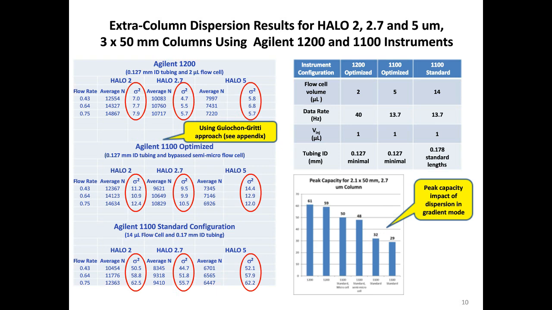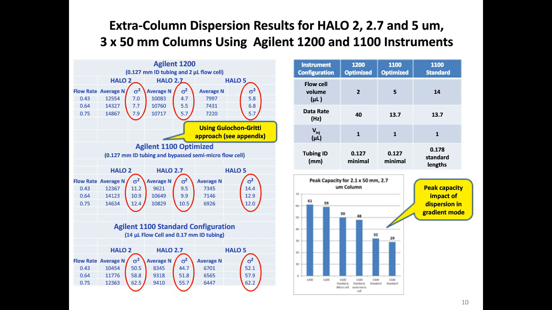0.178 millimeter ID tubing in normal lengths and a 14 microliter flow cell, with the very slow data rate of 13.7 hertz that an Agilent 1100 has, shows that the dispersion is quite a bit higher, ranging from around 50 to 62 microliters squared, compared to the very low numbers obtained on the 1200.